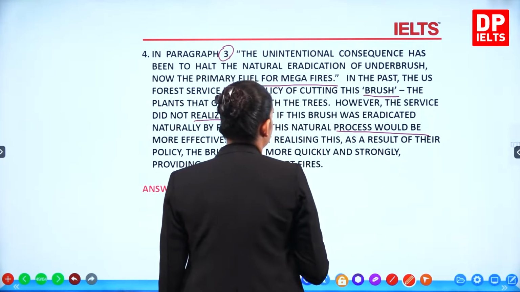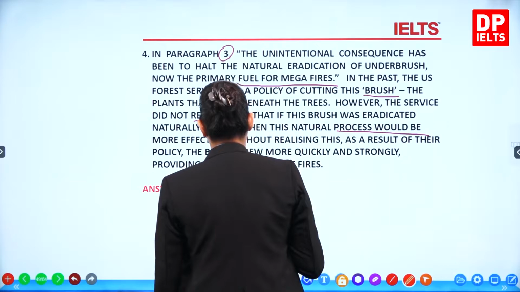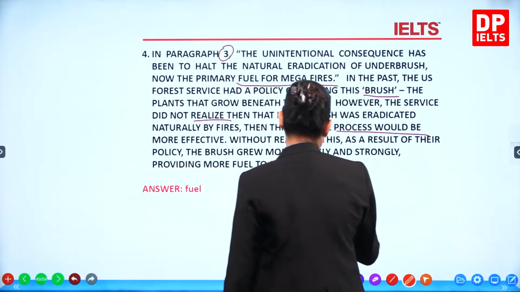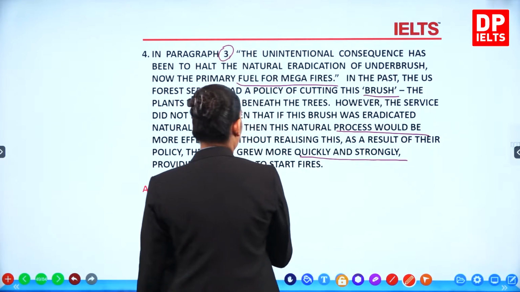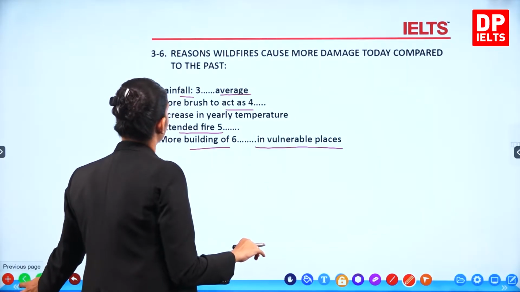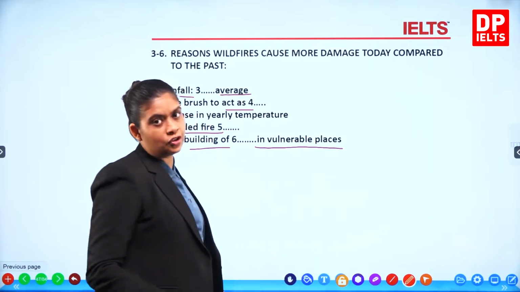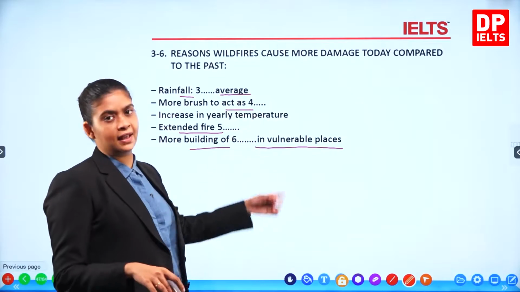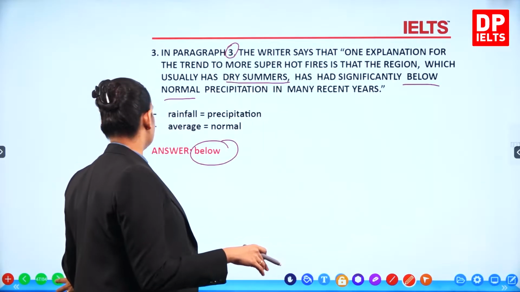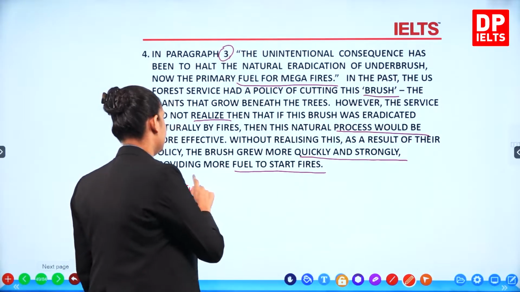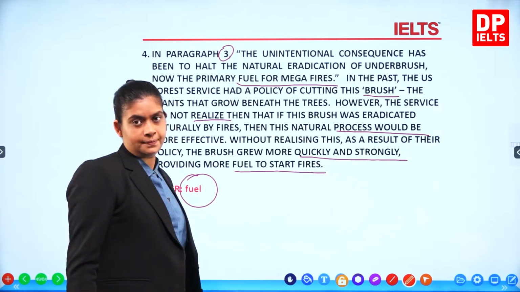Without realizing this, as a result of their policy, the brush grew more quickly and strongly, providing more fuel to start fires. So what happened? There was more brush, and when there was more brush, it was acting more like a fuel to cause these fires. So therefore, fuel is the answer.